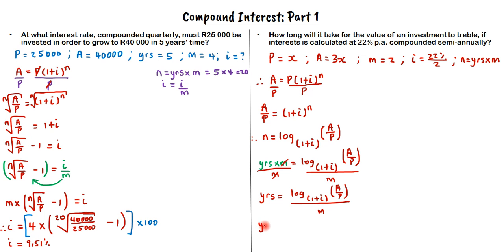And then let's go ahead and calculate this. All I have to do is substitute. In this case I have 22% over 2 into a, which is 3x, and p, which is x. Now these two will cancel, leaving 3 over 1, which is the same as 3, but then this will be divided by 2.